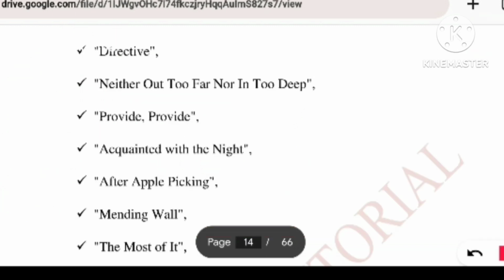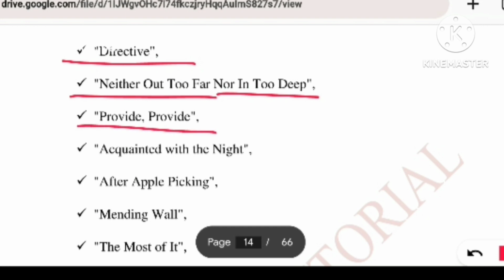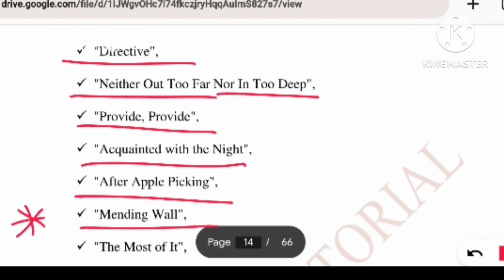The poetry that was praised by critics are Directive, Neither Out Far Nor In Deep, Provide, Provide, Acquainted with the Night, After Apple-Picking, Mending Wall. This has got the most momentum. So all these are in the bag of Robert Frost, and much more than this he has given to us. We will be going through all these works one by one, so stay tuned with me.